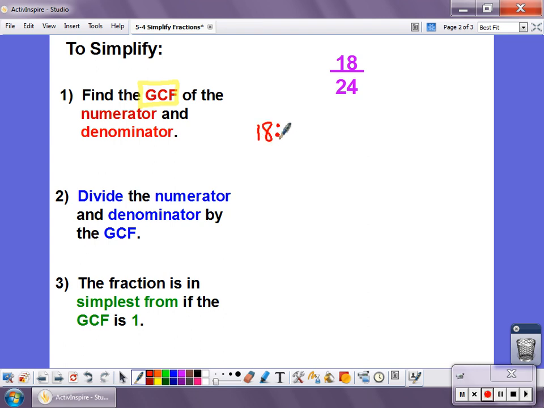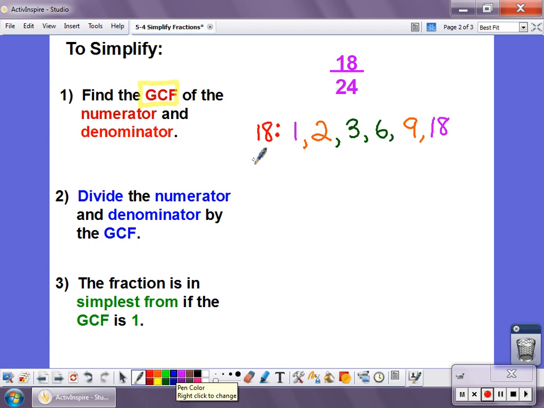So the first step in finding your GCF is to list all of your factors. And remember, when you list your factors, you want to list them in pairs. So I know that 1 times 18 gives me 18. That's a set of factors. I know that 2 times 9 gives me 18, so that's another set of factors. And I know that 3 times 6 gives me 18. Those are all my factors for 18.